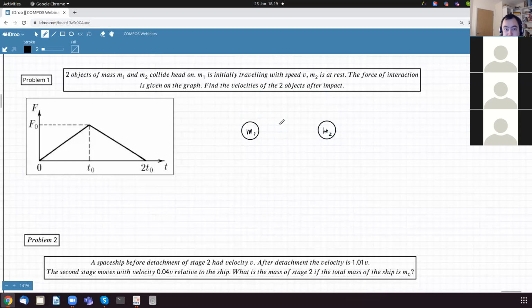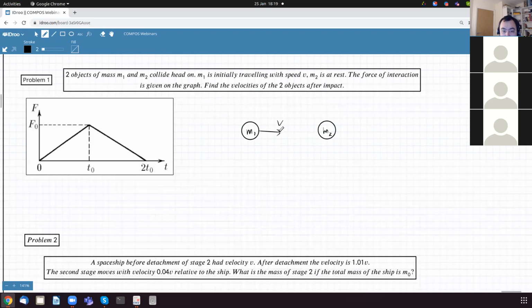M1 is traveling with speed v, and m2 is at rest. The force of interaction is given. Find the velocities of the two objects after impact.